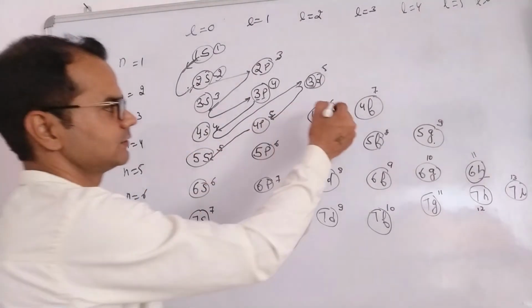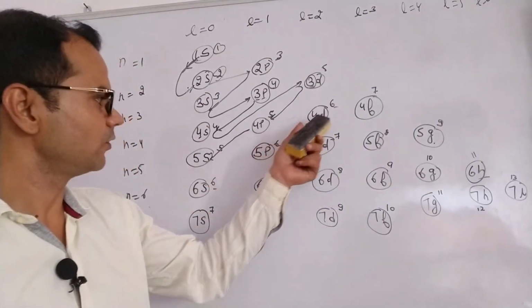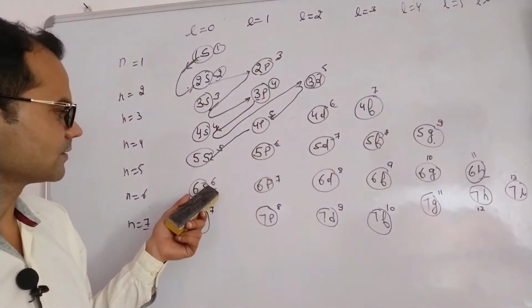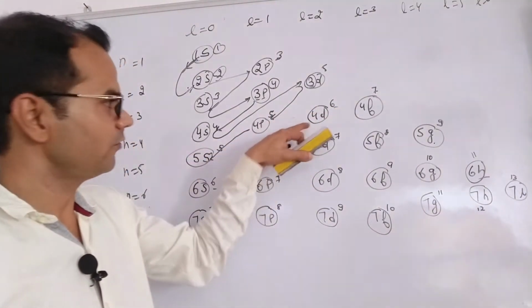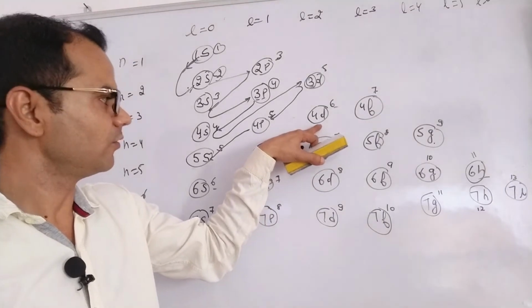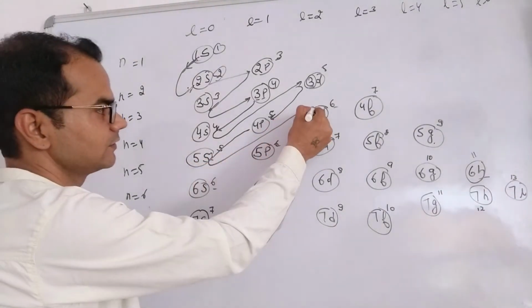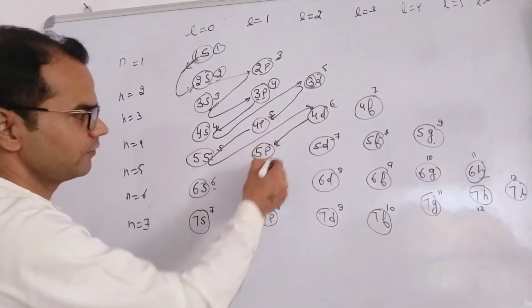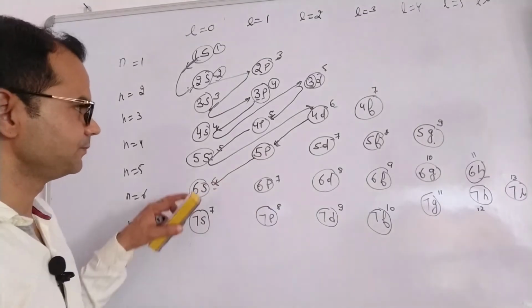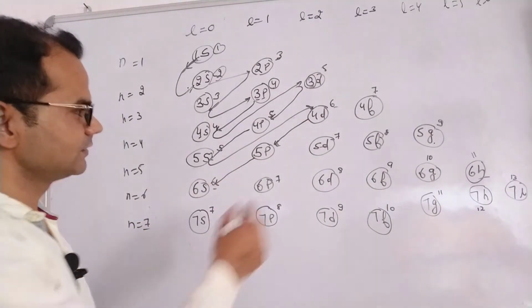Next value is 6. For 6 again we have 3 orbitals: 4d, 5p and 6s. So the value of n is smaller for 4, then 5 and 6. So electron will enter in 4d first. From 5s to 4d, 5p and then 6s. Next value is 7.